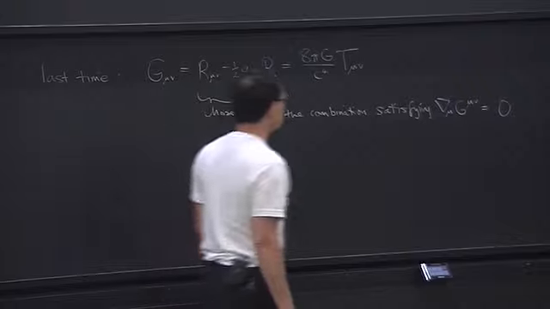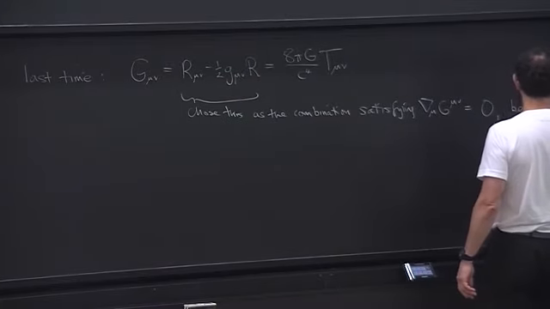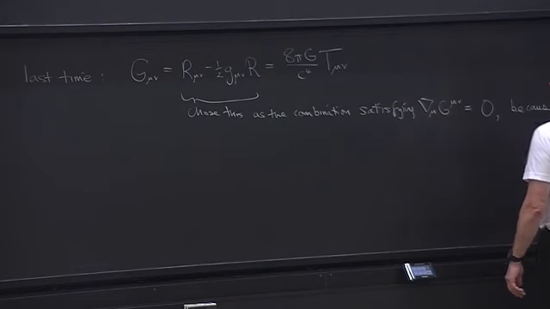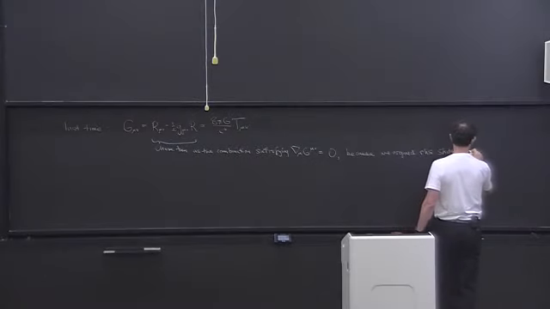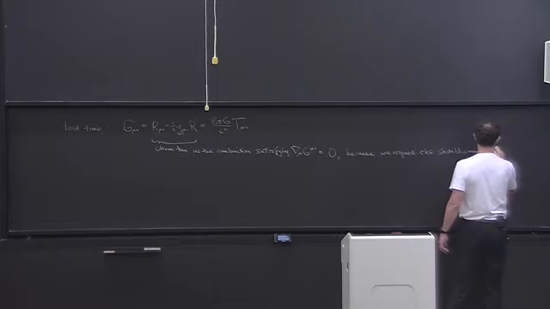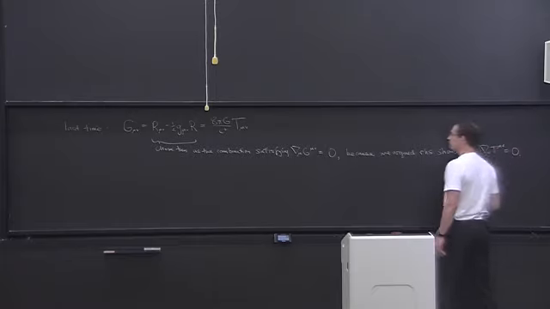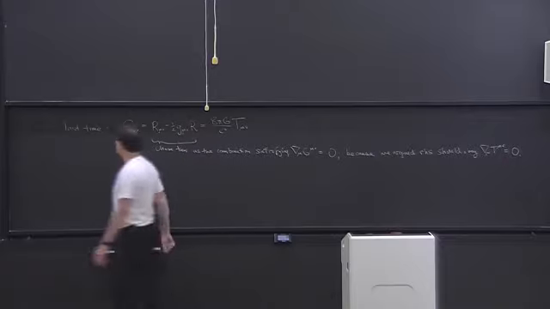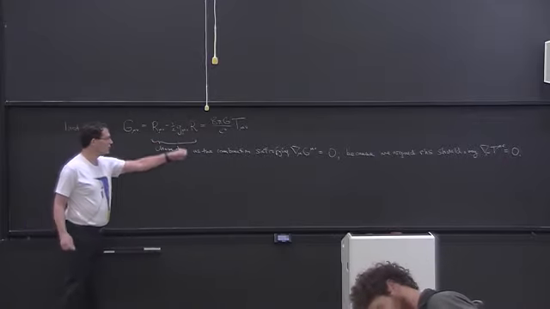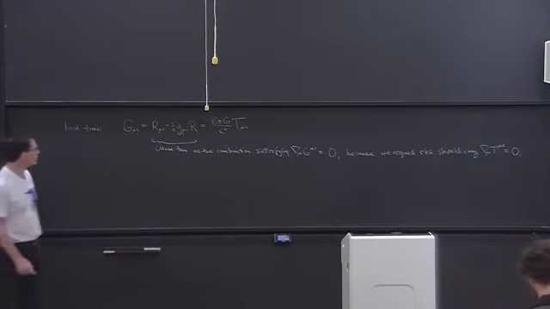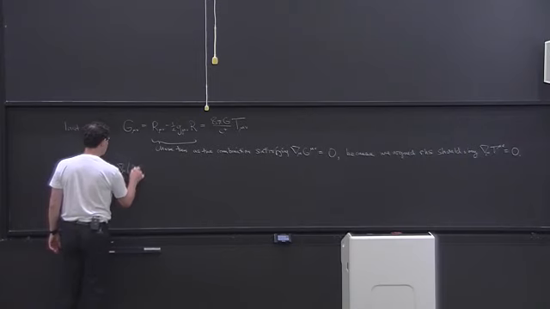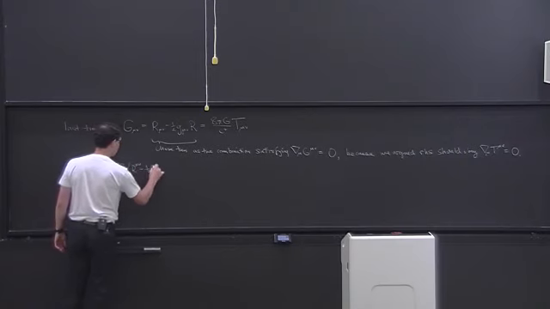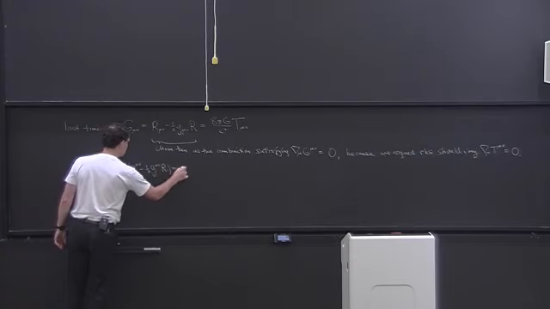Okay, because we argued that the RHS should obey d mu T mu nu equals 0. So I didn't prove that this combination satisfied conservation. I didn't prove that. So what we want to do is prove that now, that d mu R mu nu minus a half G mu nu R equals 0.